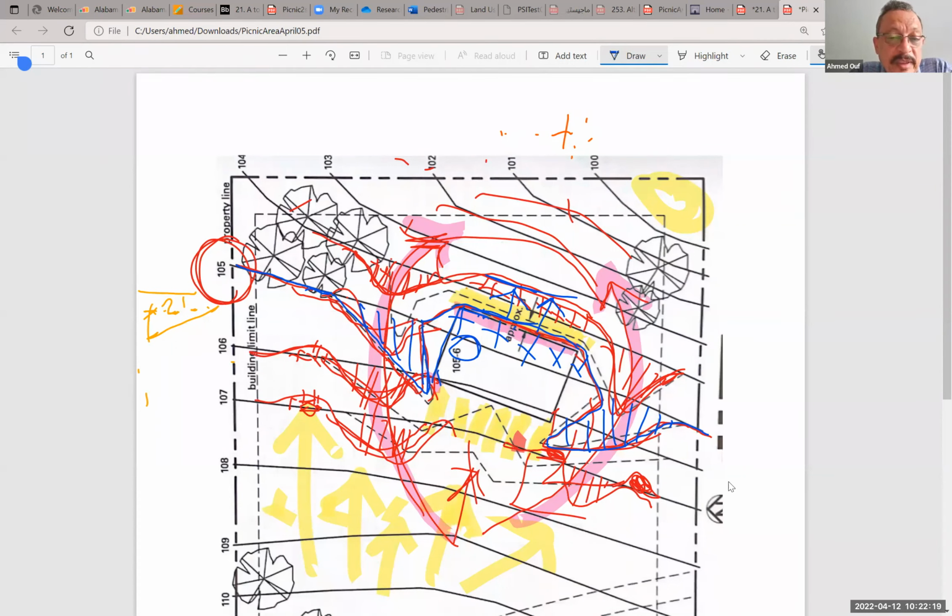But what we did this week and Thursday of last week was to get specific examples of how to deal with topography. So we can move earth, which we did this time.